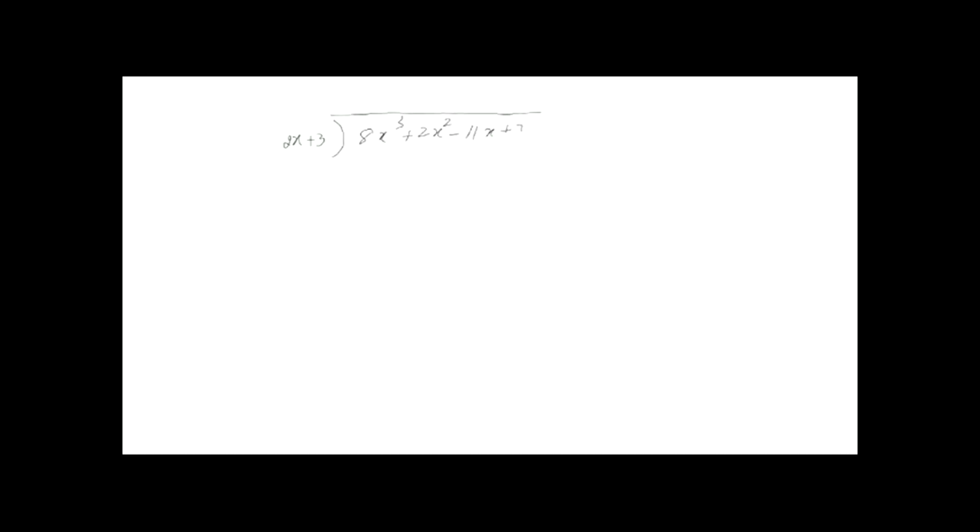So you will get here 4x squared. 8x cubed, 12x squared, cancel, minus 10x squared, minus 11x.